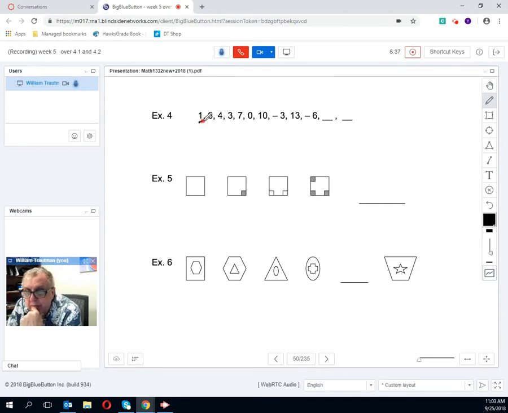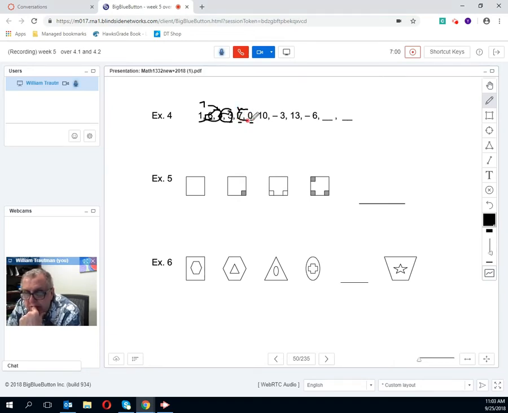Add these up, which is 7. 7 minus 4 is 3. Add these two up and subtract this one. 10 minus 3 is 7. Next, add these two up and subtract this one, and you get 0.